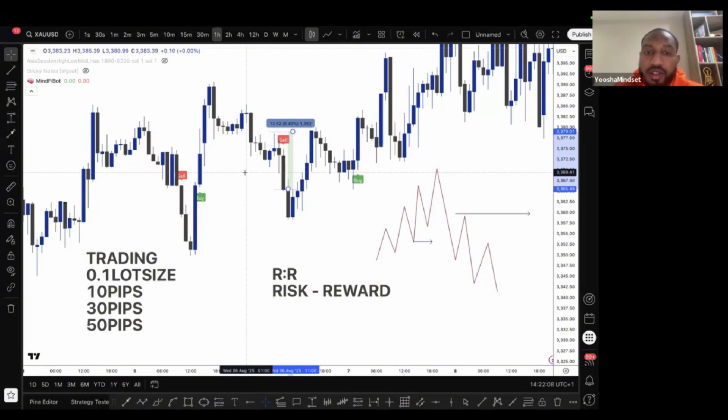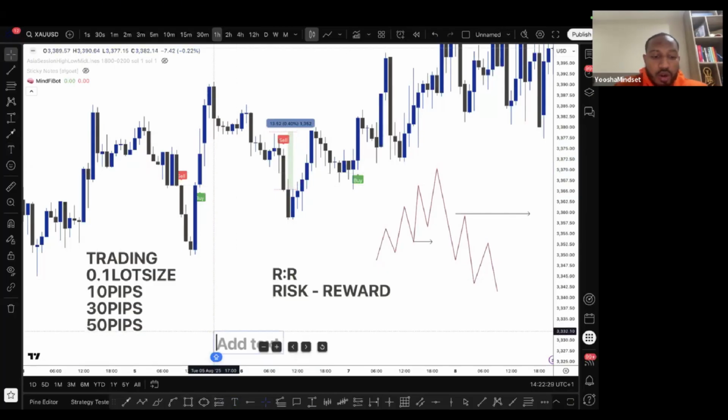You can see from that entry to above that sell is 135 pips. So 135 pips divided by $50 will give you the lot size you're supposed to use. Let me just type this here.